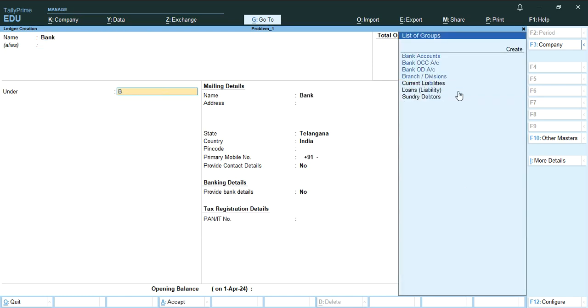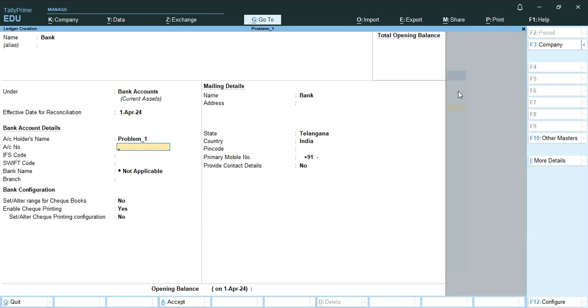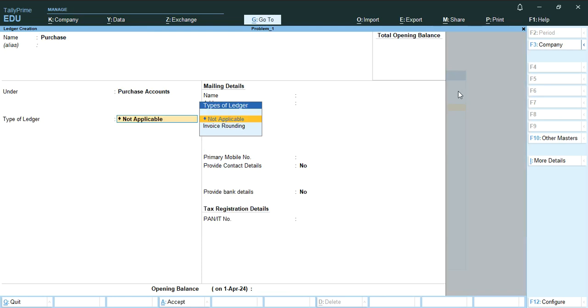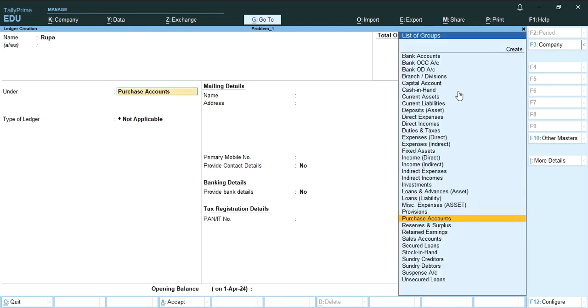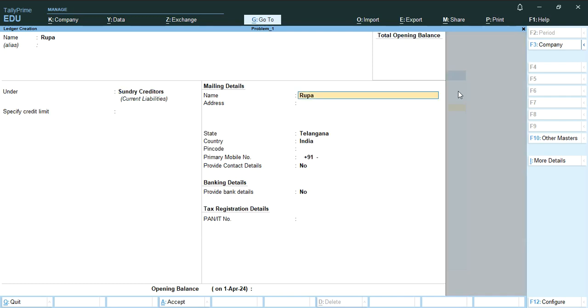In the same way, we create the remaining ledgers. Bank comes under bank accounts. Enter all the bank related details: account holder name, account number, IFSC code. If you have checks, give the checkbook numbers. We will be discussing these things in the BRS, bank reconciliation statement. Next, purchase comes under purchase accounts. Rupa comes under sundry creditors.